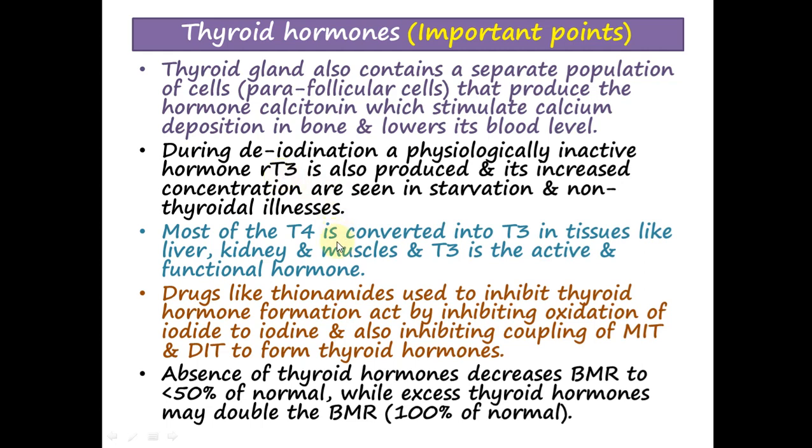We know that T4 is converted into its active form in the tissues, and there are certain drugs that will inhibit the synthesis of thyroid hormones by the thyroid gland. These are of great importance in treating diseases in which there is excess formation of thyroid hormone, known as hyperthyroidism.